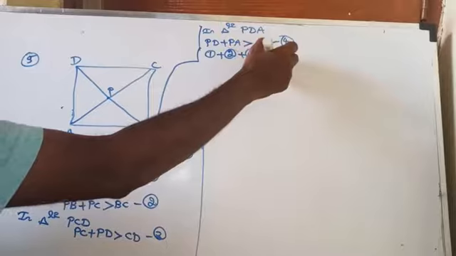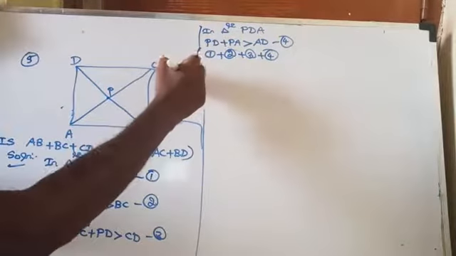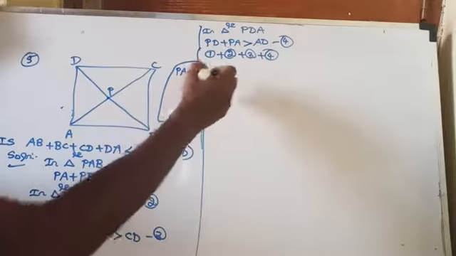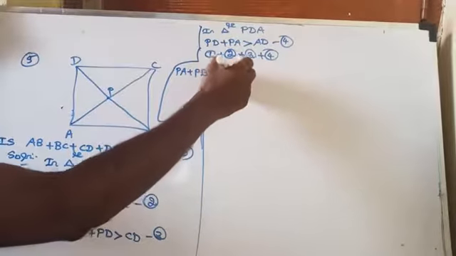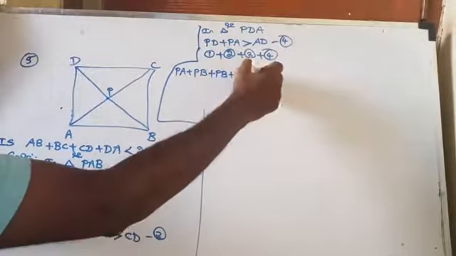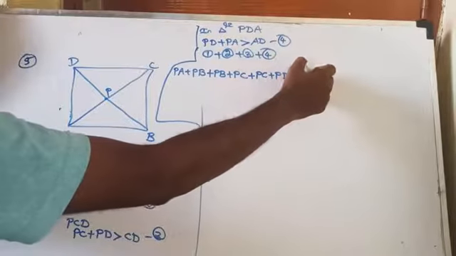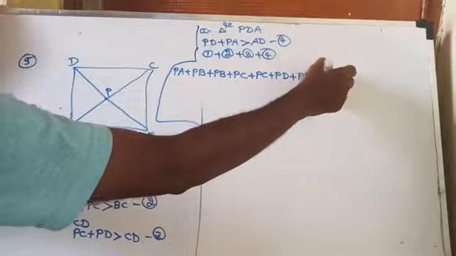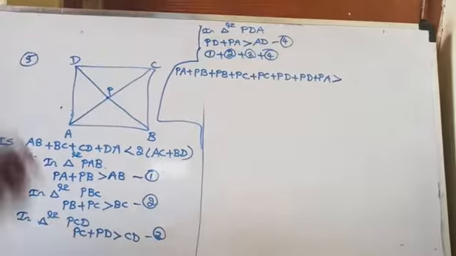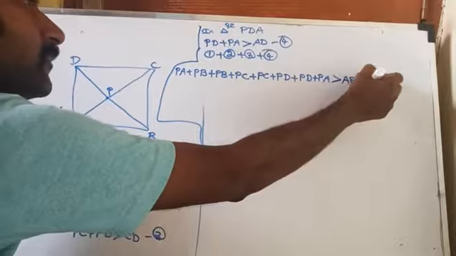First add the left hand side, that is PA plus PB plus PB plus PC, then PC plus PD plus PD plus PA is greater than AB plus BC plus CD plus AD.